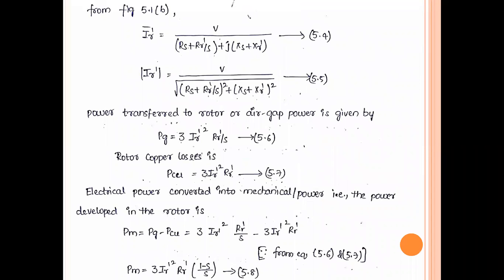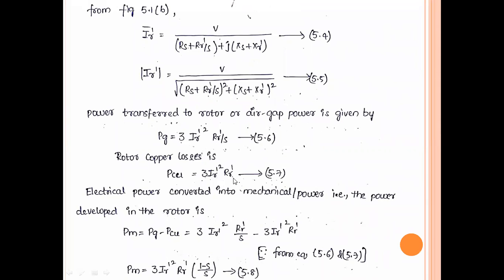You can see here the PG, which is the power transferred from the stator part to the rotor part. From this equation, this entire term I have replaced with small pg. And here also you can see only rotor copper losses I have considered.